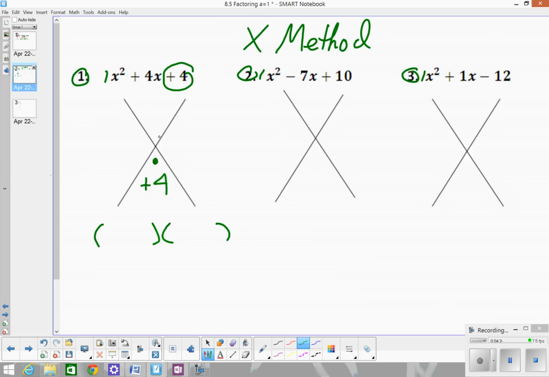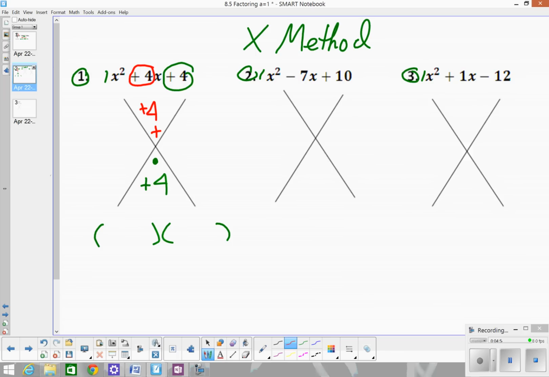So what you're going to do, after you draw your x, if your x is not drawn, is down below write multiply, or draw the multiplication dot, plus 4. Now, I want two numbers that multiply to 4, but when you add them together, they're going to equal the coefficient of the middle term, which is positive 4.